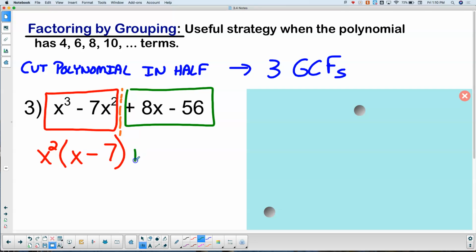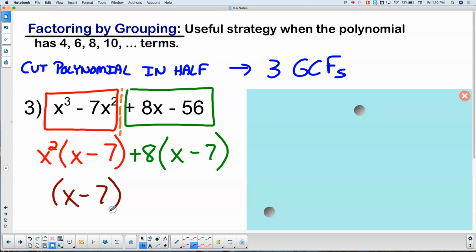What's left over? Now I'm going to GCF that partially factored statement. What shows up in both red and green? X minus 7. So I'm going to greatest common factor out x minus 7. What's left over?